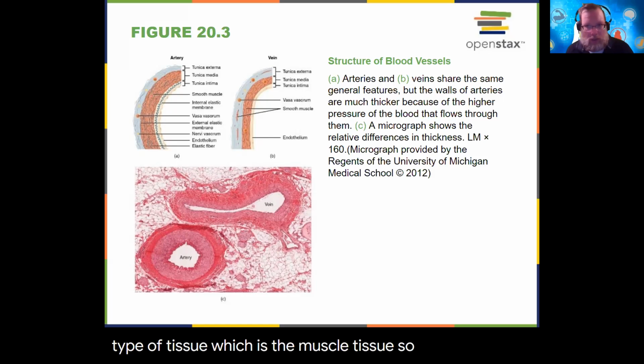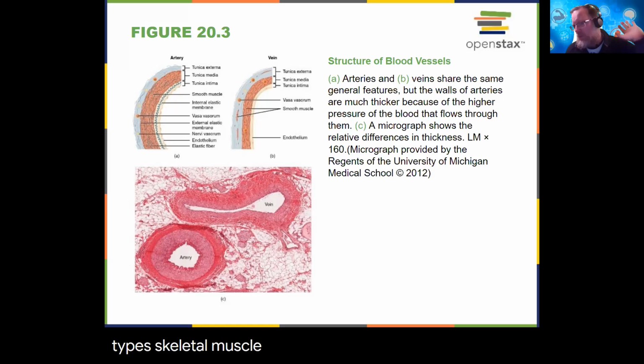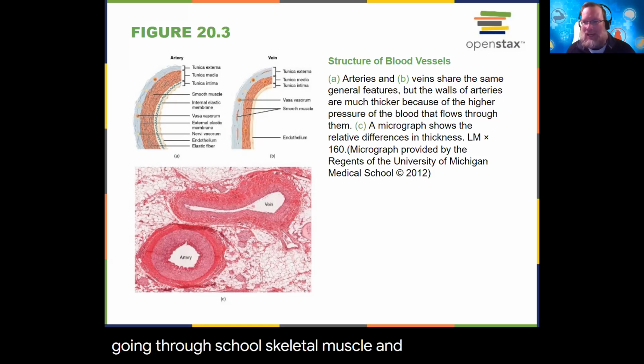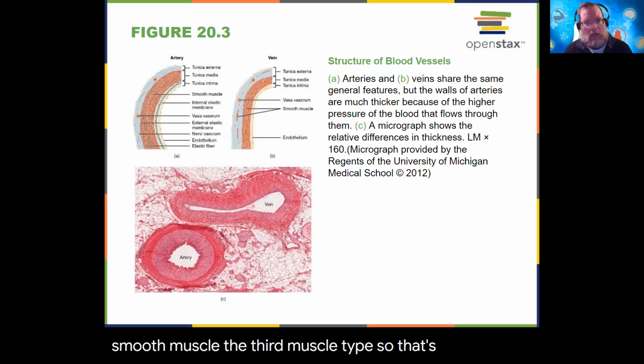So when we look at muscle tissue, we're thinking of three muscle tissue types: skeletal muscle first, and we spent a whole chapter going through skeletal muscle, and then we got into cardiac muscle just last week. Well, now we finally made it to smooth muscle, the third muscle type. So that's where we are now.